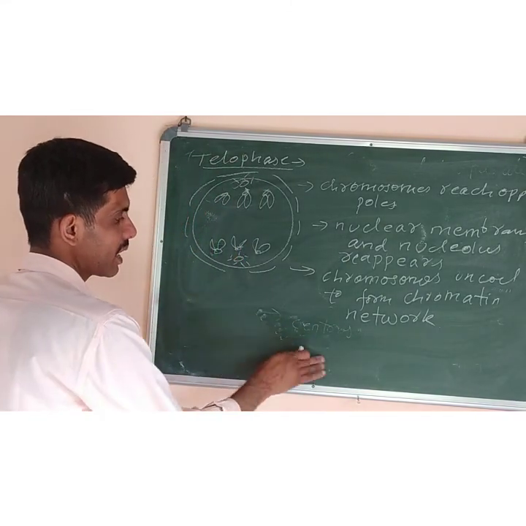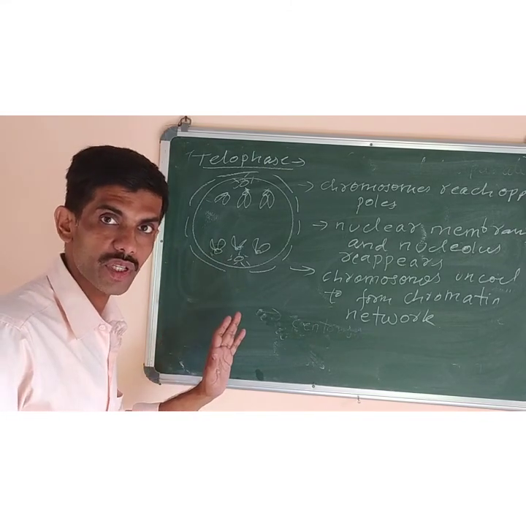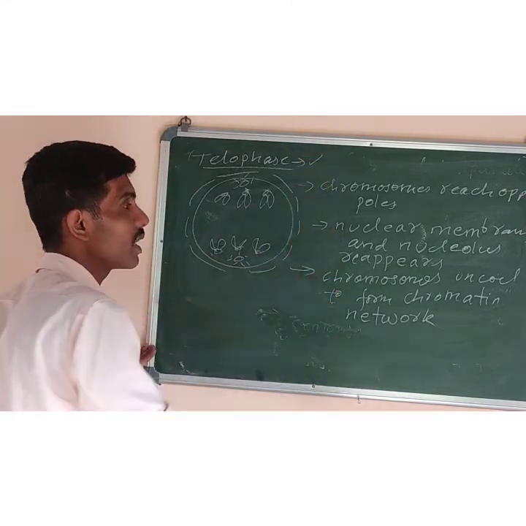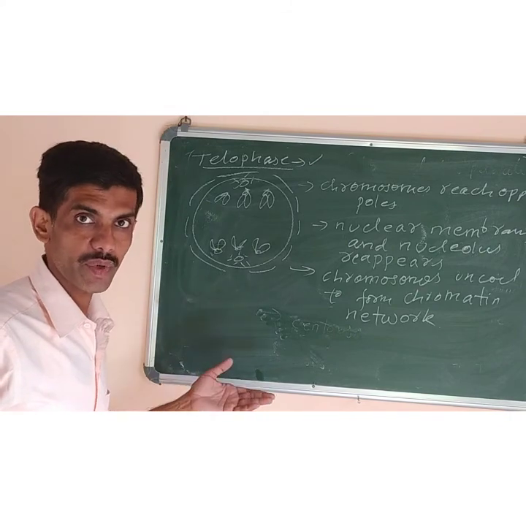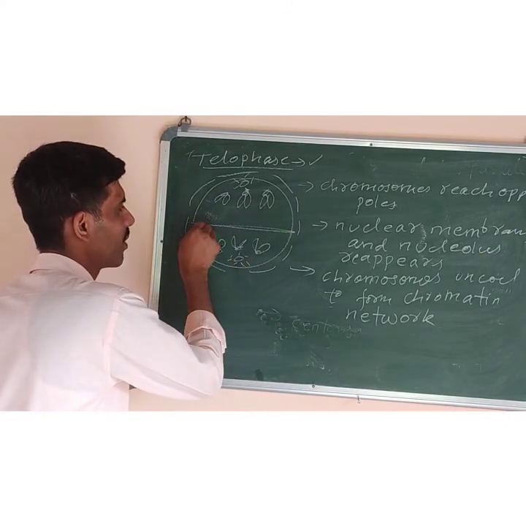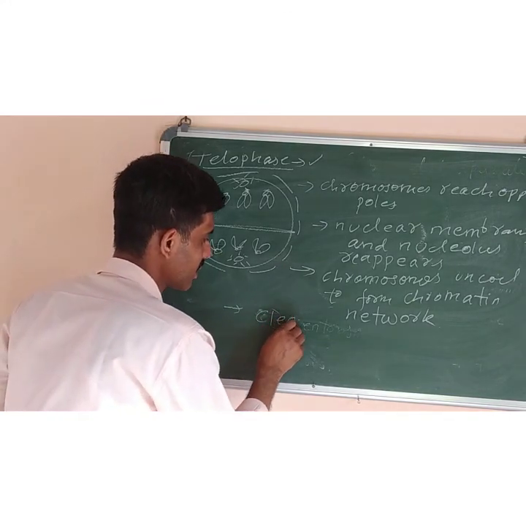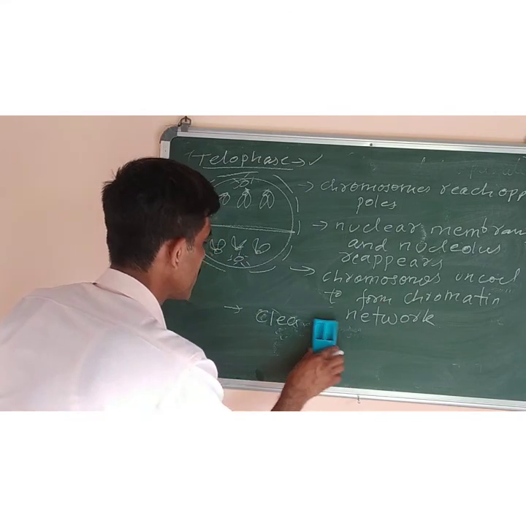Cleavage means what? Now the nuclear division is almost complete. This is the last stage of nuclear division. So after that cytoplasmic division has to begin. In the case of a plant cell, a cell plate is formed in the middle. In an animal cell, a cleavage or furrow is formed.